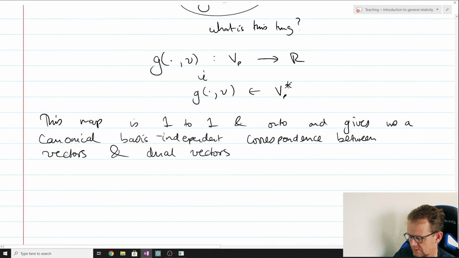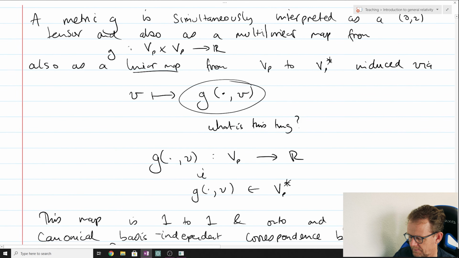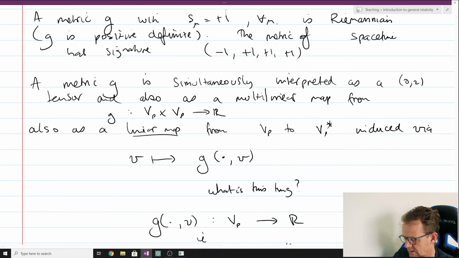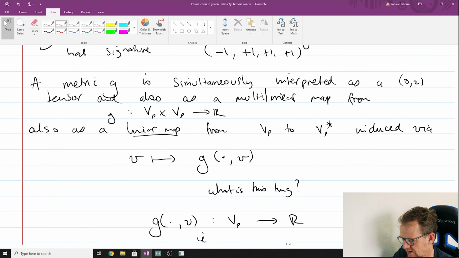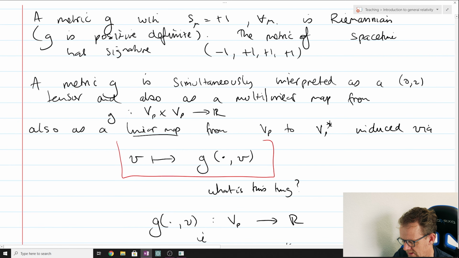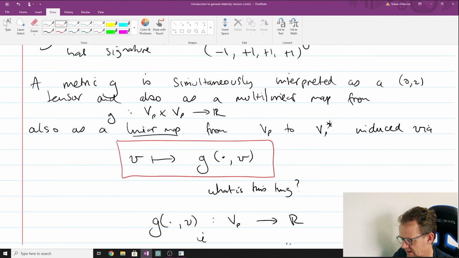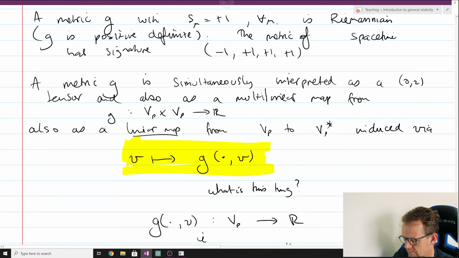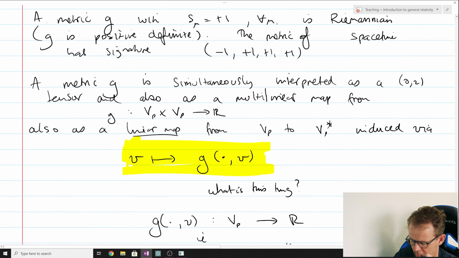So this correspondence here, where we're handed g. So g is a metric. It's given to us. Let's assume that someone's handed it to us. Then given g, we can take a tangent vector v, stick it in the second argument of g, and then we get a linear functional. So we'll call that linear functional omega.